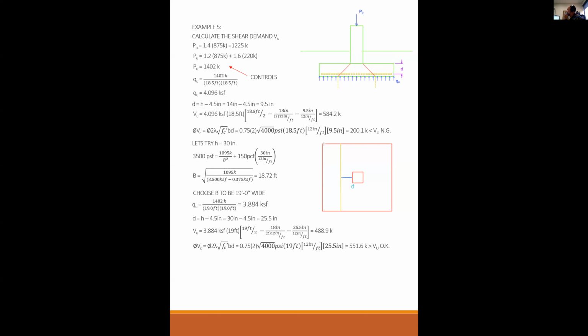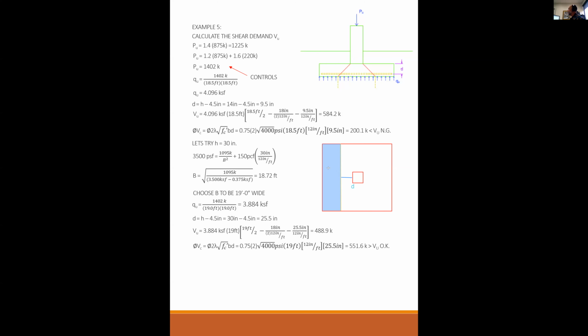The force along that plane is equal to the soil pressure, QU, times this area, right? A force is a pressure times an area. So the pressure is QU, and the area is the area that I just highlighted in blue.